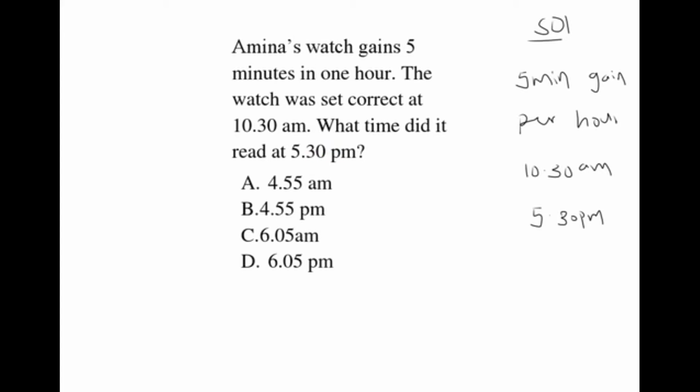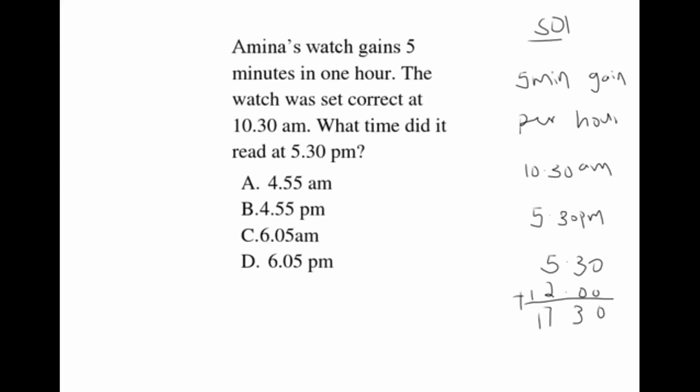Convert this 5:30 p.m. into 24-hour clock. We shall have 5:30 add 12 hours. We shall get 17:30 hours.